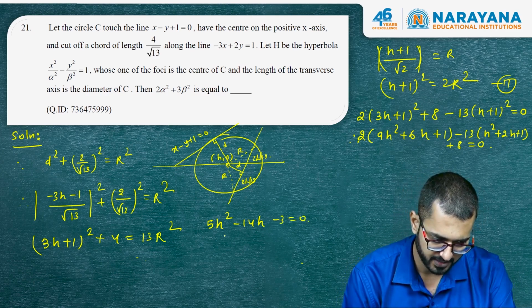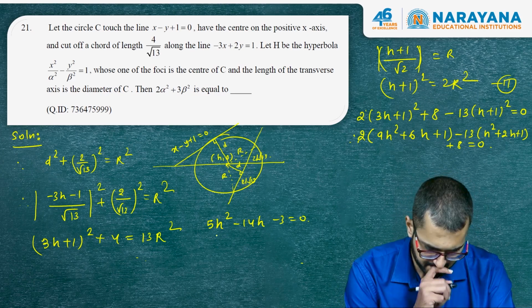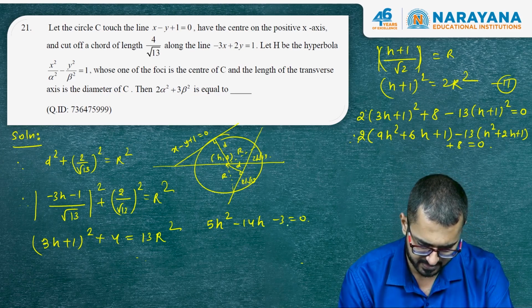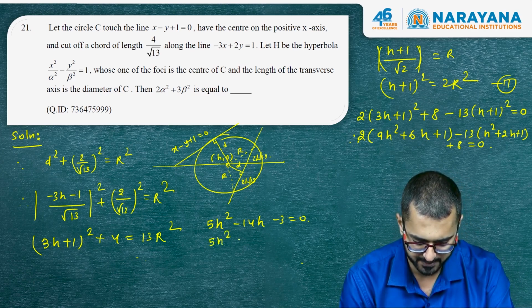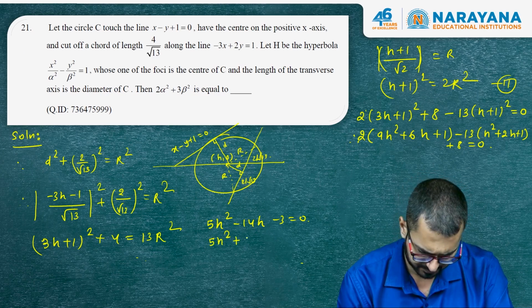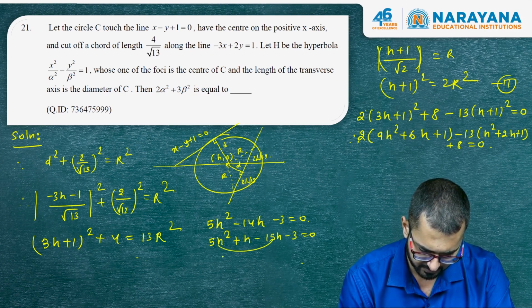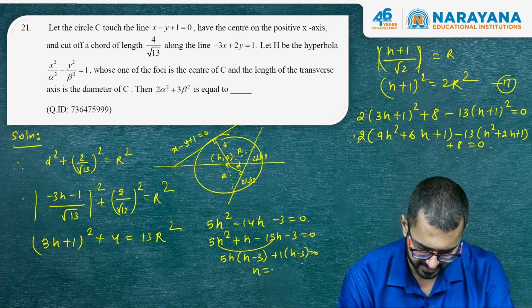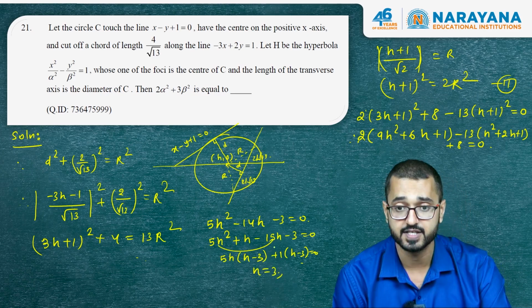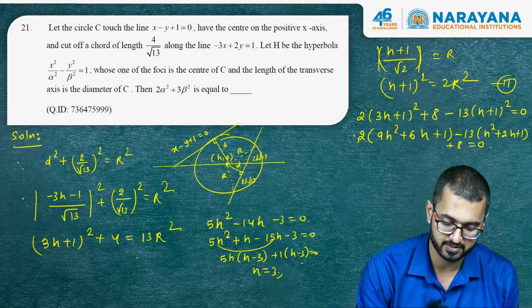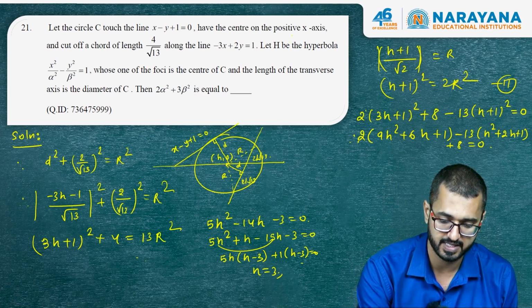So from here we will be getting 5h² + h - 15h - 3 equal to 0. So from here we take 5h common, (h - 3), plus 1 common, (h - 3) equal to 0. So from here we get h is equal to 3, and h is equal to minus 1/5 will be rejected because that's not on the positive x-axis.